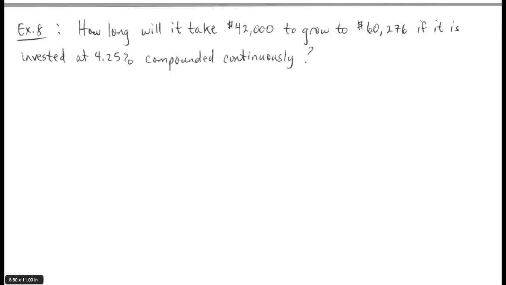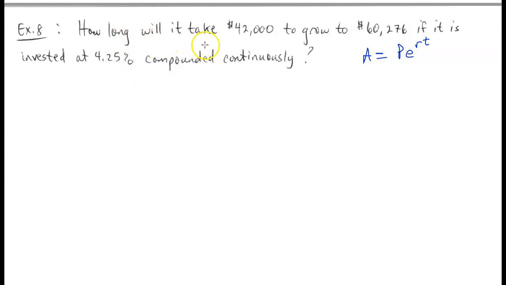Okay, so for our next example here, we're going to do another situation where we're trying to find time, but now we're going to do it for some investment where the compounding is continuous. So therefore, what that means for us is that instead of using the finite compound interest formula, we're now going to be using what we nicknamed the PERT formula earlier.